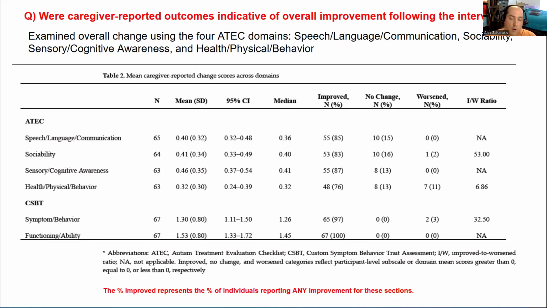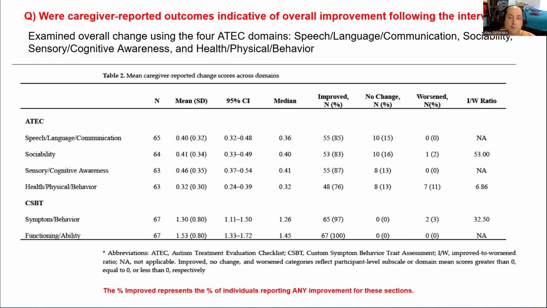The CSBT had a little more granular response of slight, moderate, or significant improvement, or slight, moderate, or significant worsening, or NA. The reason we made it less granular for the ATEC is because the ATEC also has the sometimes, not true, and always true questions, so it would be way too many and confusing.